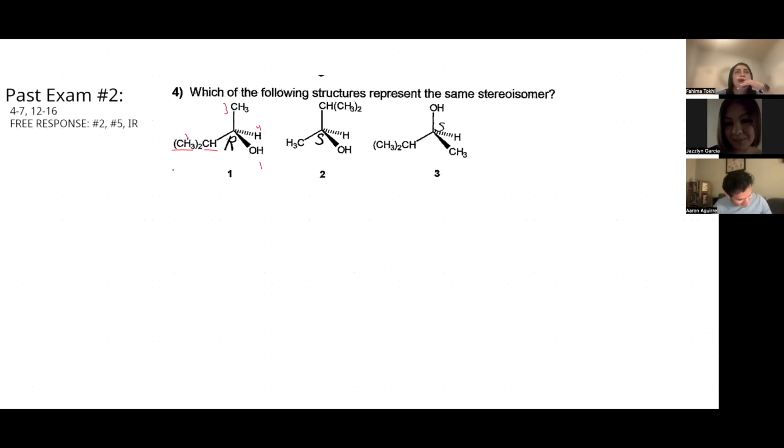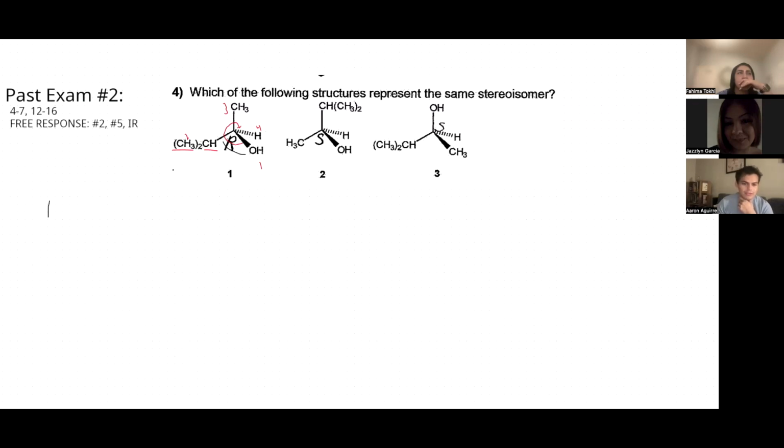Okay, and then if you were to count, you could just count clockwise, leaving that at R. So we can write 1, 2.